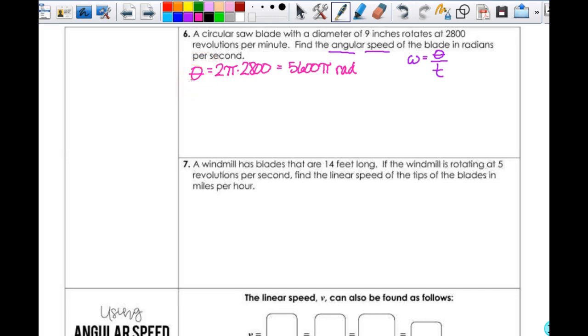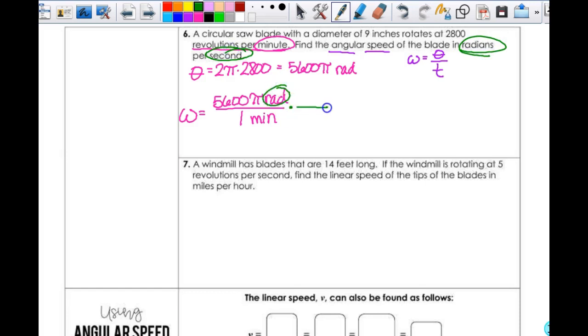Then to find omega, that's equal to my theta, which is 5600 pi radians for every 1 minute. Do I want this revolutions per minute? No, I want it in, it's not revolutions, I'm sorry, it's radians. I want it in radians per second. So I have it in radians, I'm good.